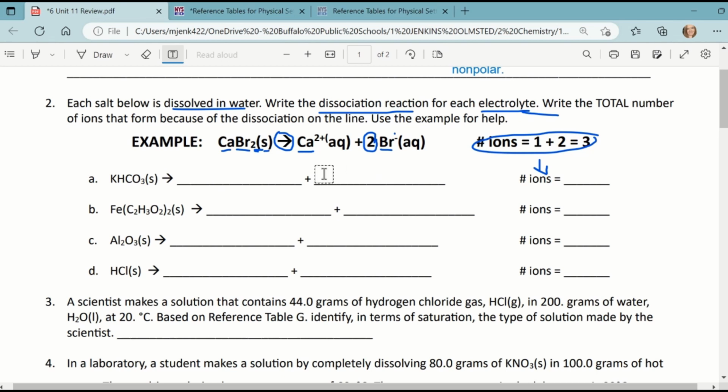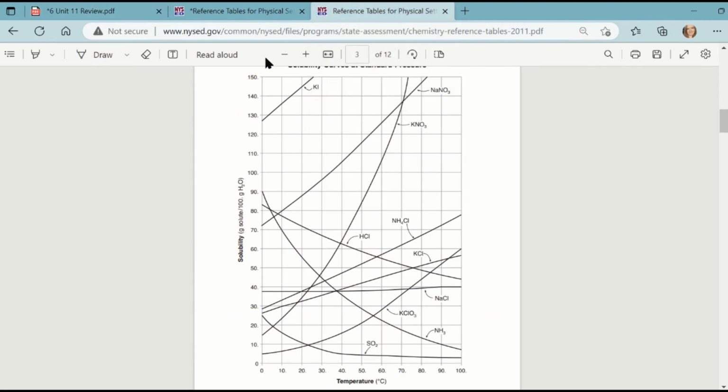So that tells me that the -1 is HCO3. HCO3 with a negative charge, okay? And then for K, all right, how would I know what its charge is?